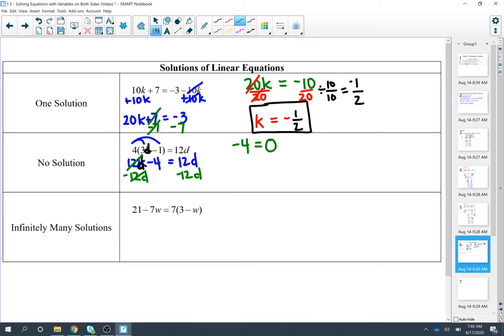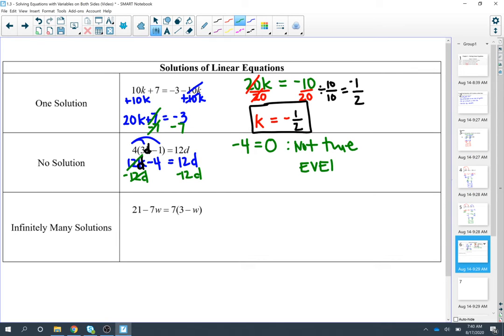So now let's look at what we're looking at. Negative 4 equals 0. Just repeat that in your head a little bit and ask yourself the question, does negative 4 equal 0? Does negative 4 ever equal 0? This is not true. And it's not true ever.